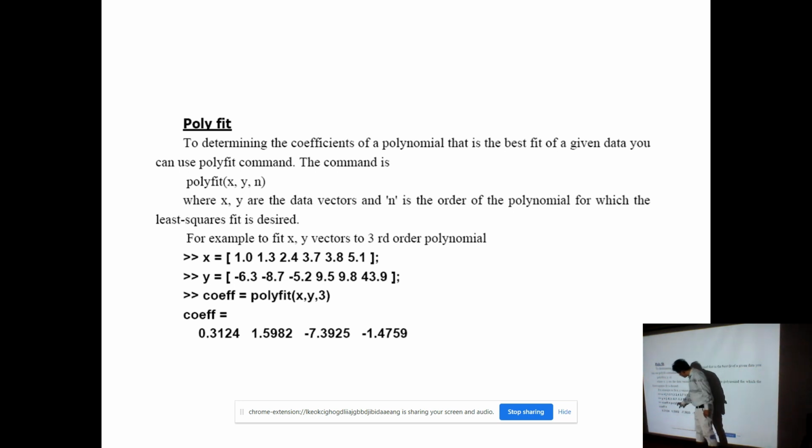If I use polyfit of this x, y with my own order of 3, it means I want to fit this x data and y data with a third order polynomial. If I give 3 and use polyfit, I get an answer like this.